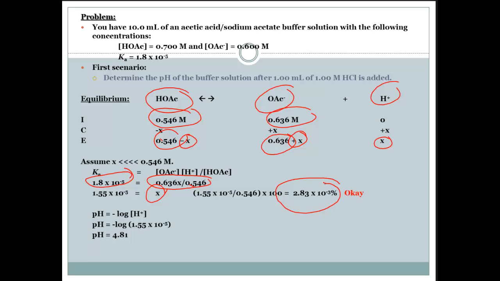I did that by choosing the smaller of the two amounts, because the smaller of the two amounts will have a greater impact. The H plus, which is this number we then calculated, the 1.55 times 10 to the negative 5. Take the negative log of it, and we get 4.81.